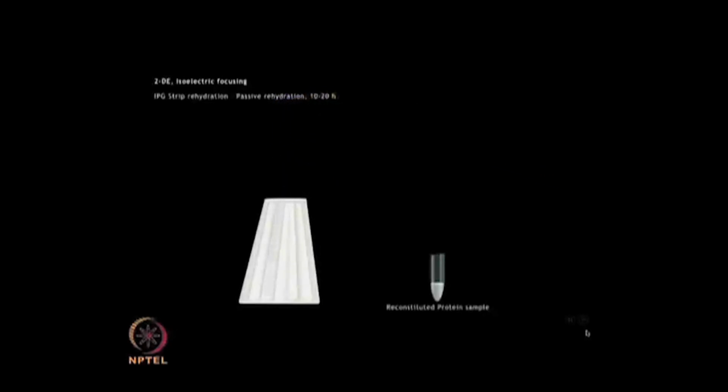As you can see in the animation, you can apply the protein sample and then add the IPG strip so that it can absorb the protein solution. This can be done for 10 to 20 hours depending upon the length of the IPG strip. This is then covered with mineral oil to prevent the gel from drying up and left overnight.